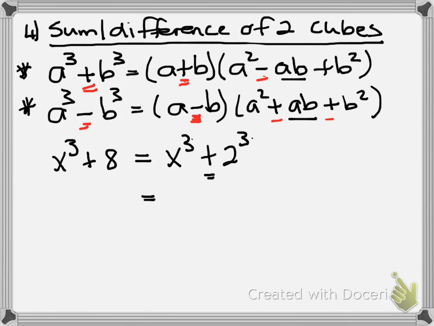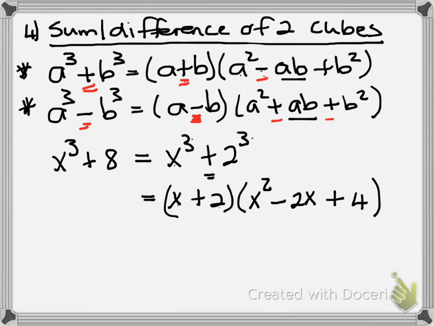If you notice there, a cubed plus b cubed is just a plus b. So we're going to just have x plus 2 here. And then we have a squared, which is now going to be x squared, with a minus there. A times b, this is a and this is b, so it's 2x. And then plus b squared, this b squared is going to be 4.